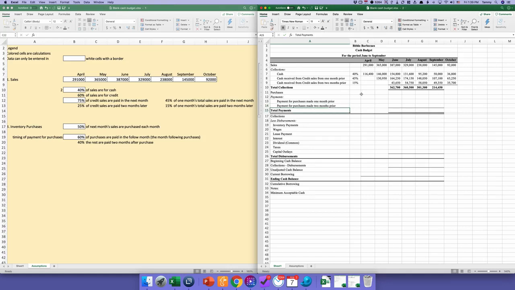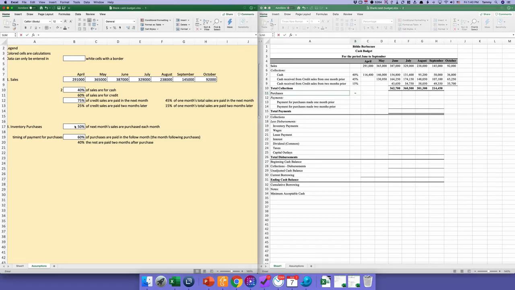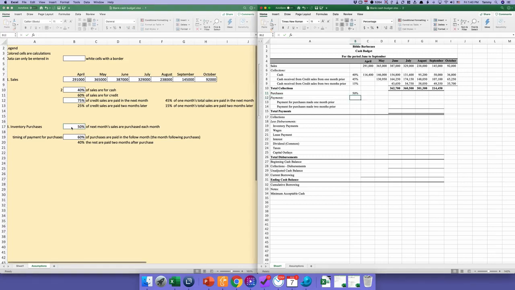Okay, so just like before, what we're doing, let's pick up our percentage. So this looks like his sheet, but it's not just a plug. It's an actual reference to an assumption page. So in April, we are going to purchase 50%.